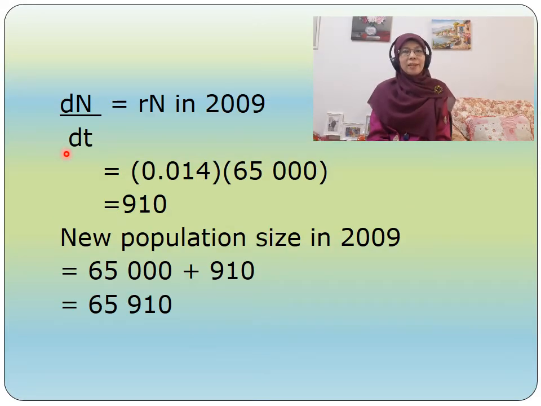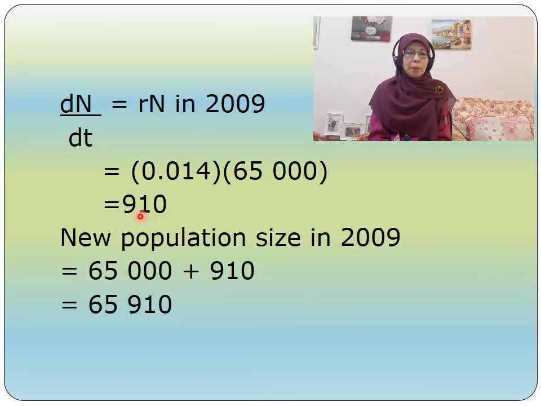Alright, now we're going to calculate the population growth in 2009. We have calculated R just now, the growth rate, which is 0.014. So dN/dt, or population growth in 2009, equals RN. R is 0.014, N is the population size, which is 65,000, so that equals 910.